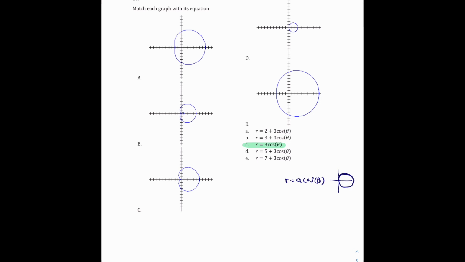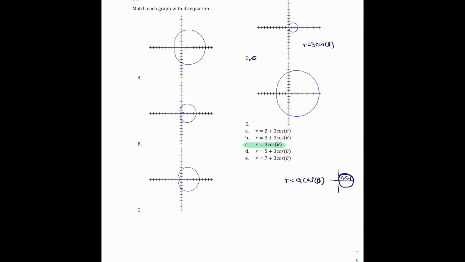The center is going to be half a, 0, so the center is 1.5, 0. And the diameter is going to be a, which is in this case 3. So D is going to be the equation C, which is, I'm going to write the equation here. So this is r equals 3 cosine theta.